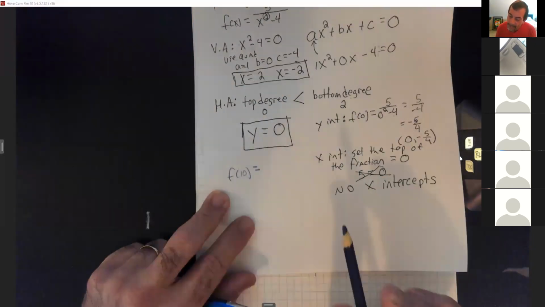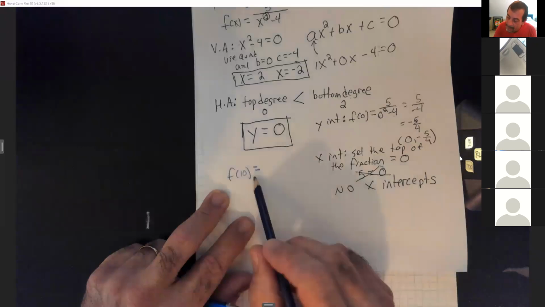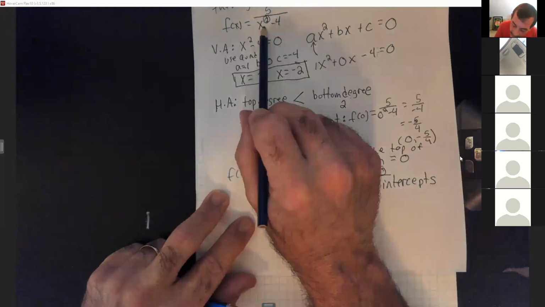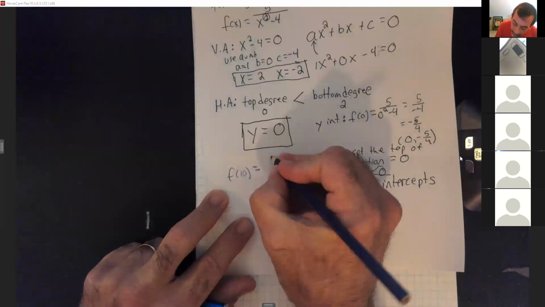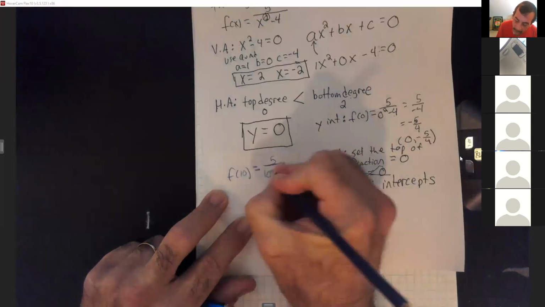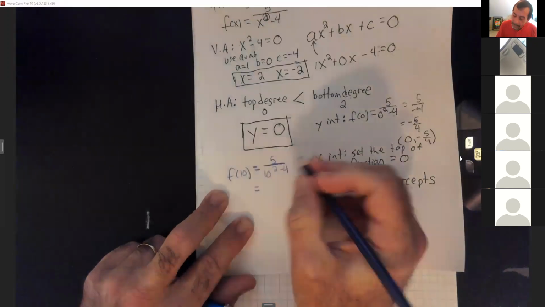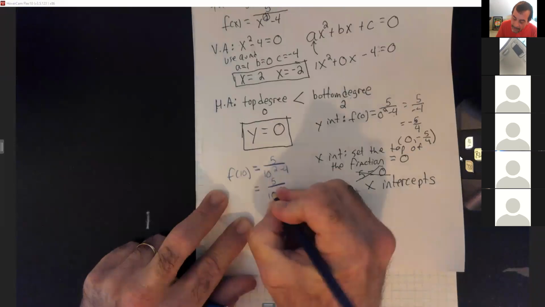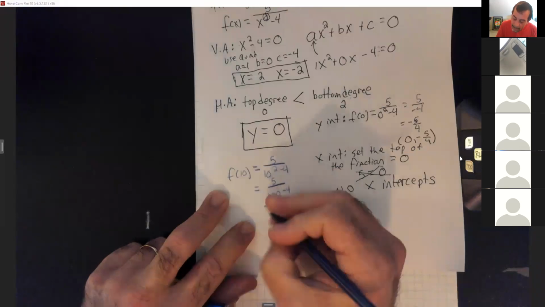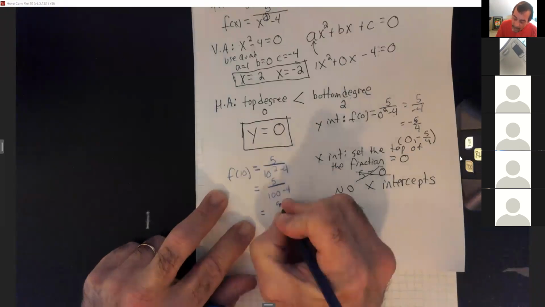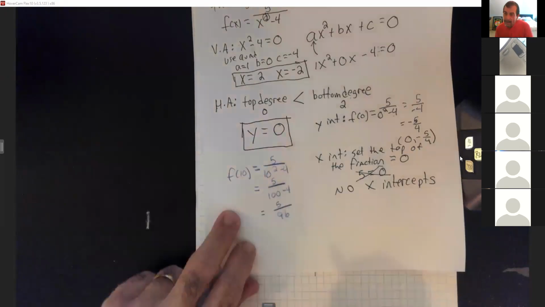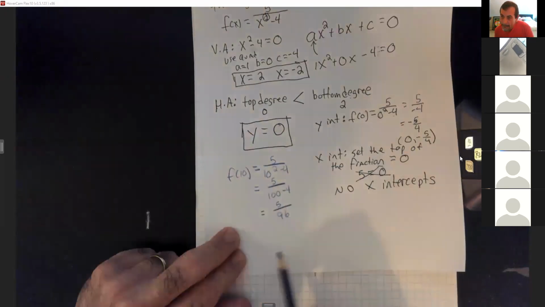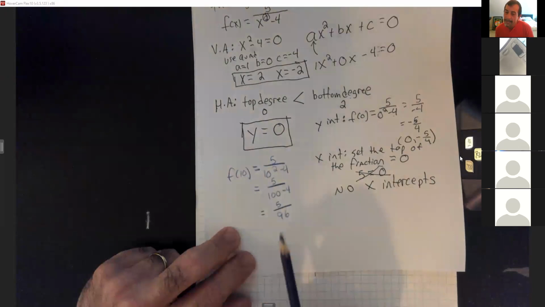So to find f of 10, I'm going to put a 10 in for that x squared there. So I got 5 over 10 squared minus 4. So that's going to give me a 5 on top. 10 squared will be 100 minus my 4. And that's going to give me 5 over what? 96. Now, I don't care about the number. I just wanted to see if it was positive or negative.